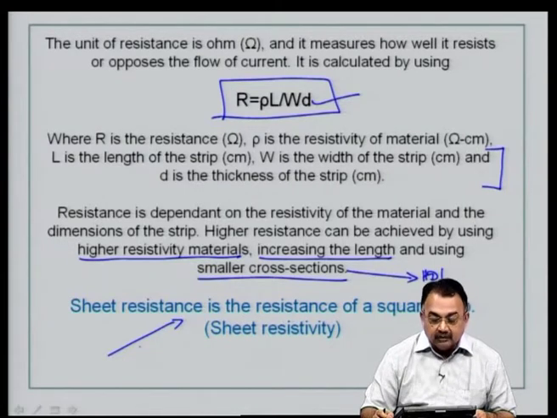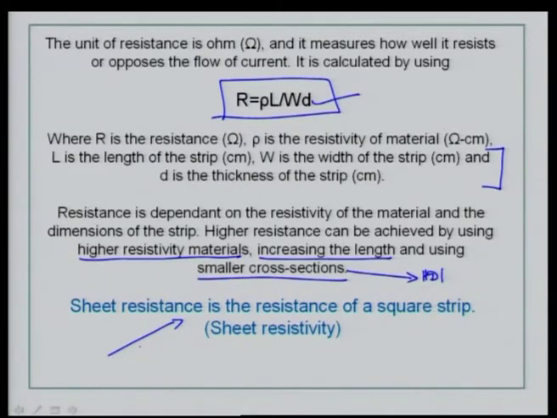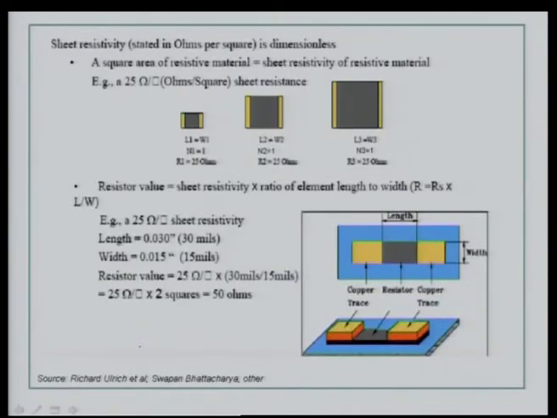So, you can call it sheet resistivity, and we will be using this term more often. Sheet resistivity, stated in ohms per square, is dimensionless, but this gives you a very good idea about what material you are going to use. A square area of resistive material is the sheet resistivity of the resistive material.